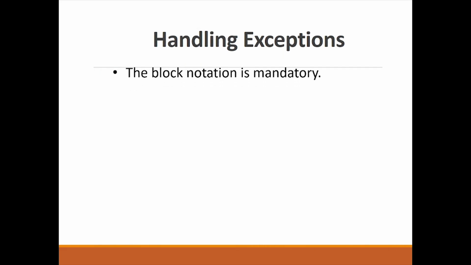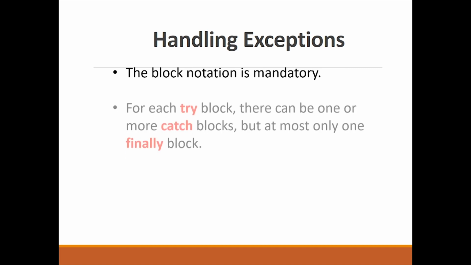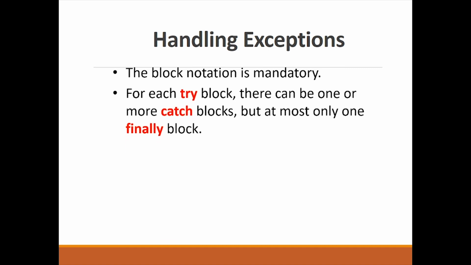Next, the block combination is mandatory. For each try block, there can be one or more catch blocks, but at most only one finally block. Every time you use try, you can have multiple catch blocks, but only one finally block.